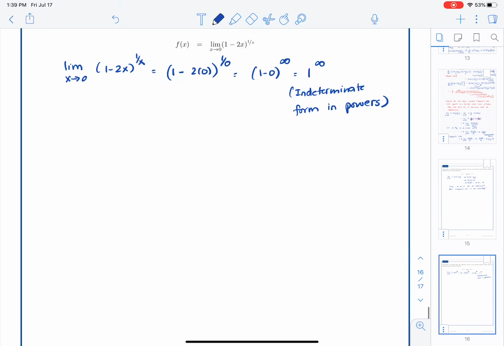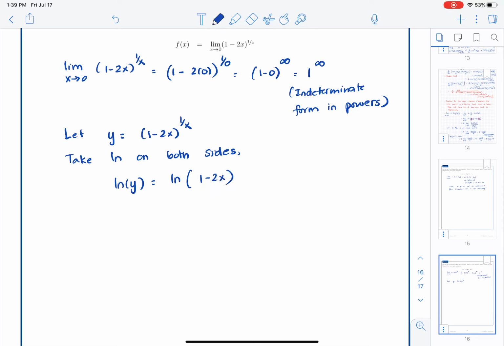So what we should do is say let y equal (1 minus 2x) raised to 1 over x, since we have x in the exponent, and take ln on both sides. So ln of y would equal ln of (1 minus 2x) raised to 1 over x. 1 over x would come to the front: 1 over x times ln of 1 minus 2x.